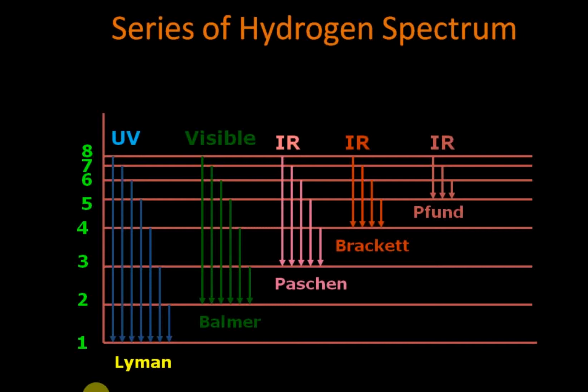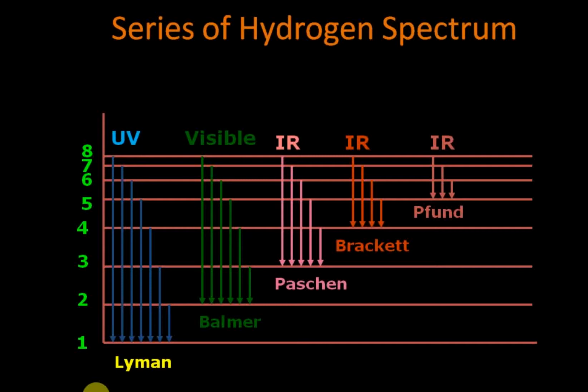But the first series is the Lyman series. Whenever a hydrogen atom is in its excited state, the electrons from higher energy levels come back to the ground level, that is n equal to 1. The radiations emitted are invisible, and these fall in the ultraviolet region. That is called the Lyman series.